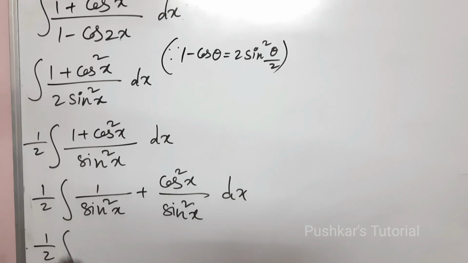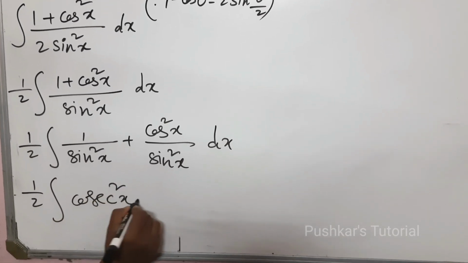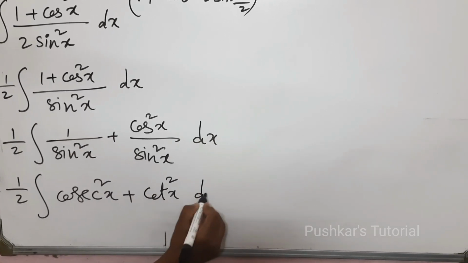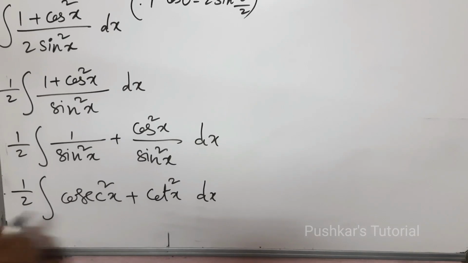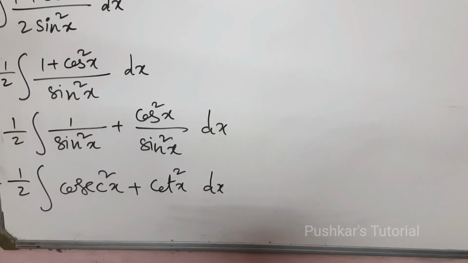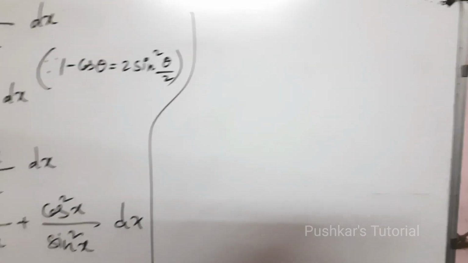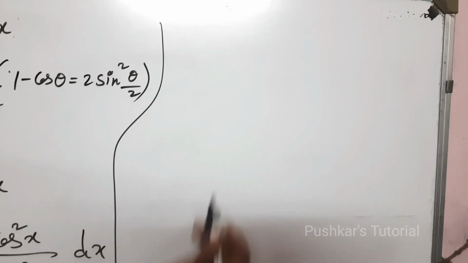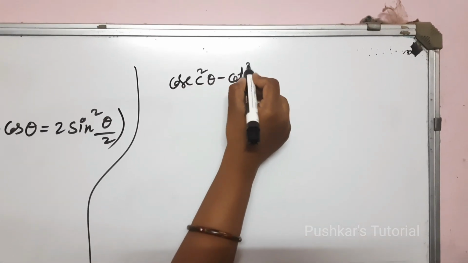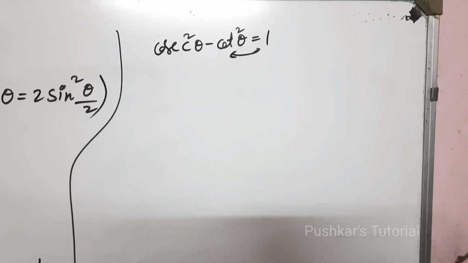So 1 by 2 as it is, 1 by sin square is cosecant square x, and cos by sin is cot square x dx. So here the cosecant square formula is there, but the cot square formula is not there. So we have to use the trigonometry identity. The formula is what? Cosecant square theta minus cot square theta is equal to 1. So from this, cot square is equal to what? Cosecant square minus 1.